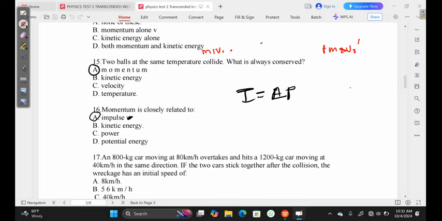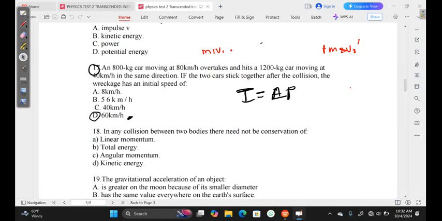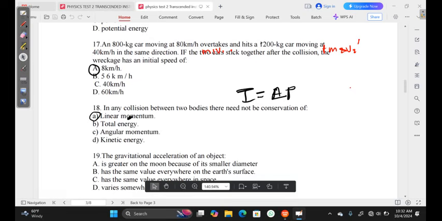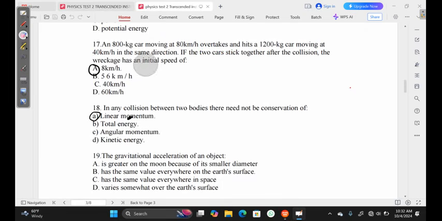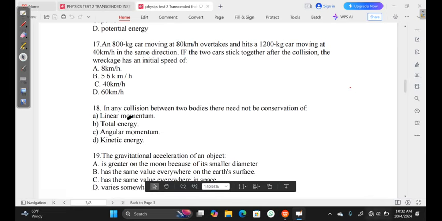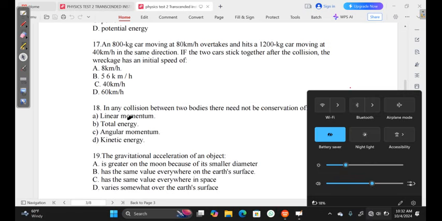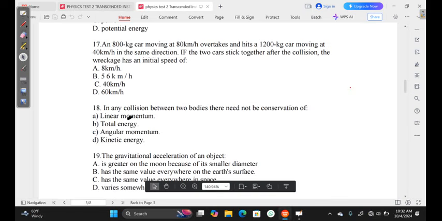Let us go to question 17. Question 17 is saying that an 800 kg car moving at 80 kilometers per hour overtakes and hits a 1200 kg car moving at 40 kilometers per hour in the same direction.